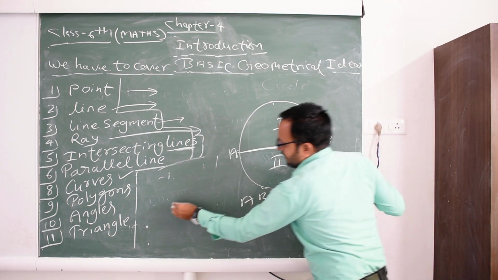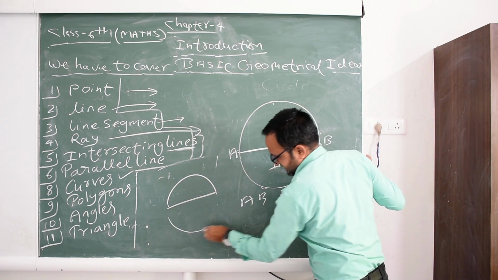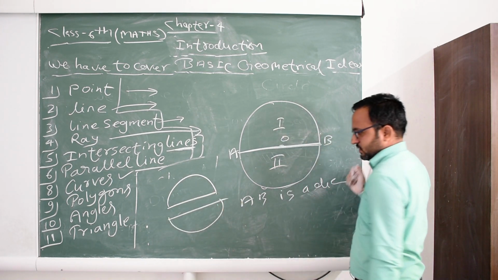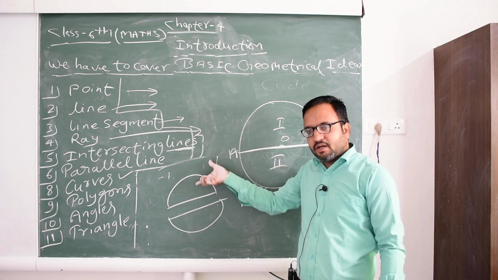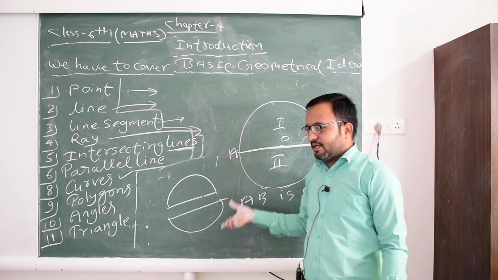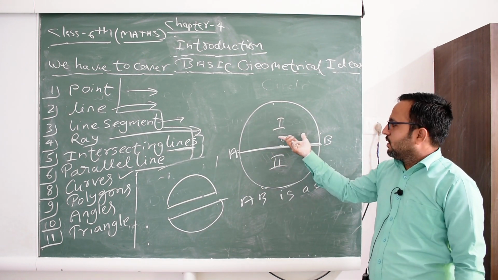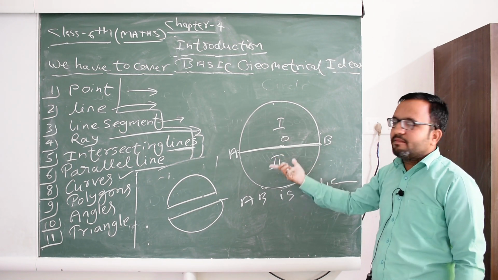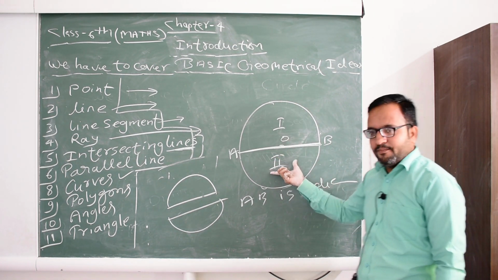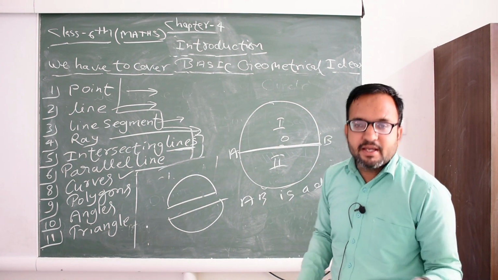So we call this a semicircle and this is also a semicircle. It breaks the circle into two equal half circles. So this is semicircle theory. What divides the semicircle? The answer is diameter divides the circle into two equal parts. So this is the theory of semicircle.